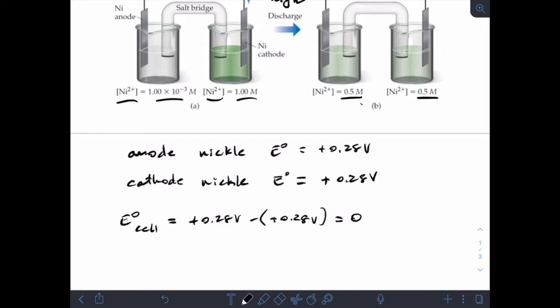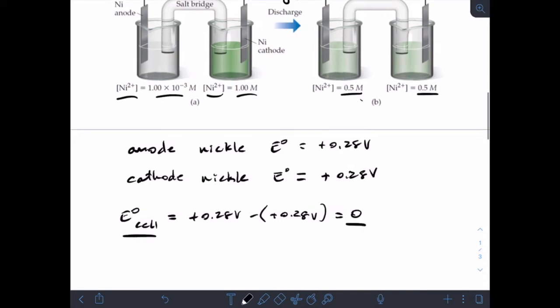So when I go to utilize my Nernst equation, E0 cell has a value of 0 because I have the same components on both sides. Under standard conditions, everything 1 molar, I should have no voltage. Okay, so let's take a look at what else we need to be thinking about here and why electrons flow in the direction that they do.